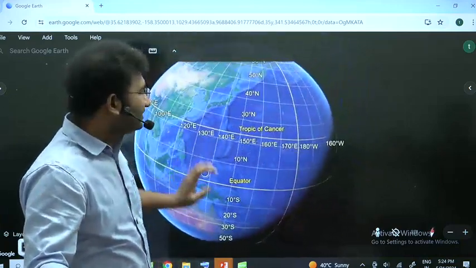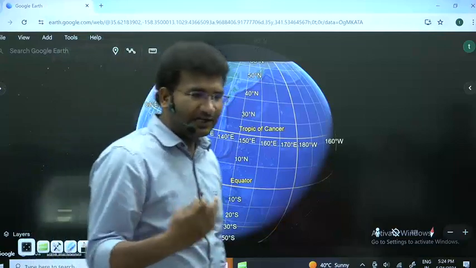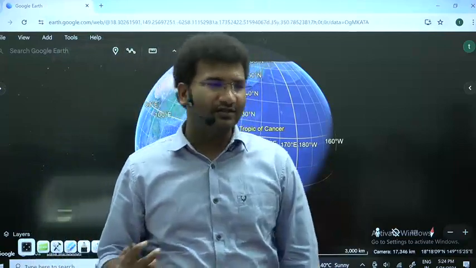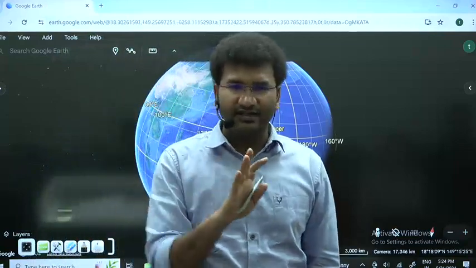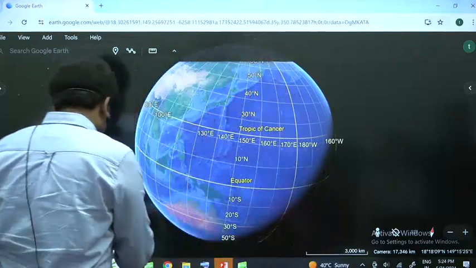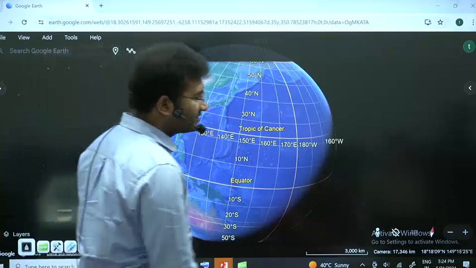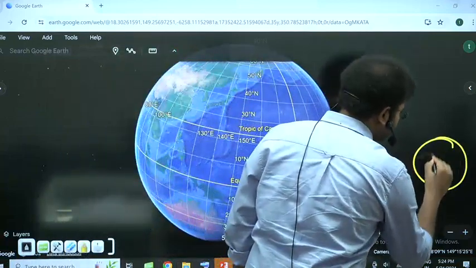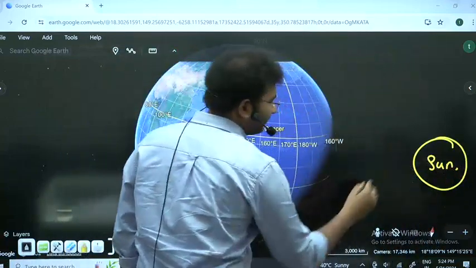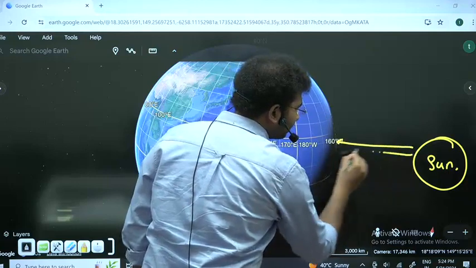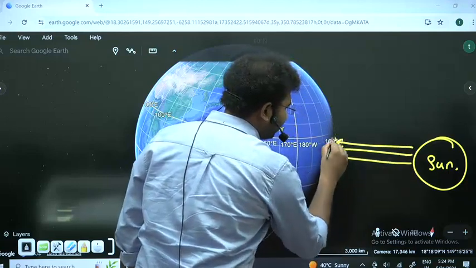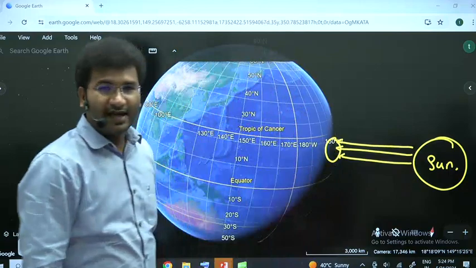See, you know this is the earth. Let me quickly revise the concepts of rotation and revolution and the intensity of the light. See, yesterday I told you that the sun rays always come straight. Okay, just imagine this is your sun. Imagine these sun rays which are coming are covering directly.